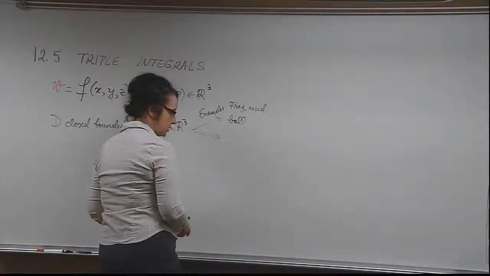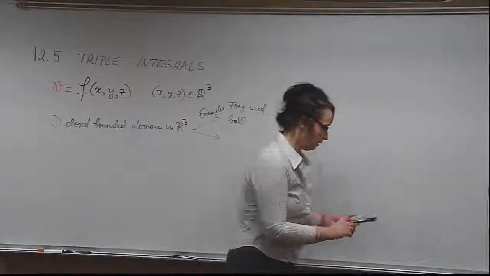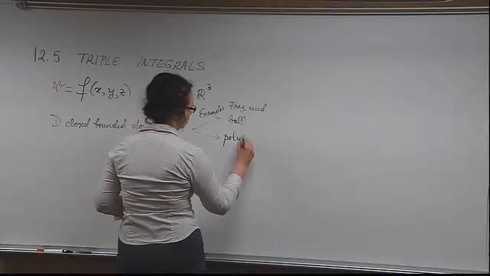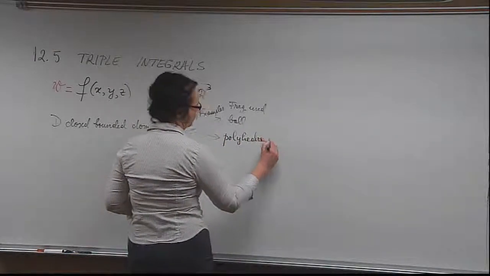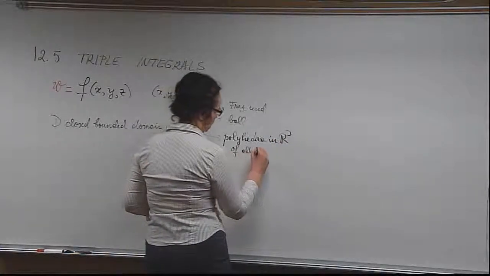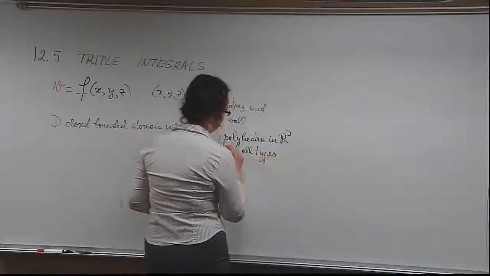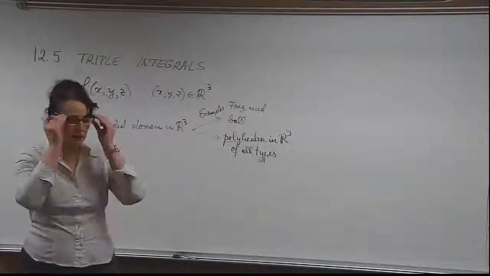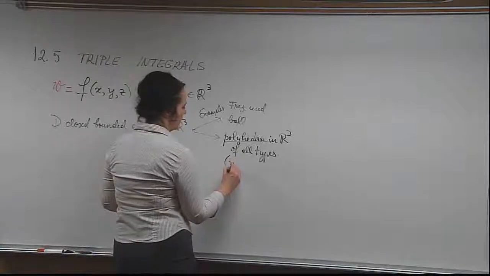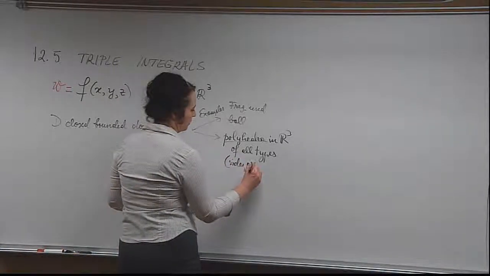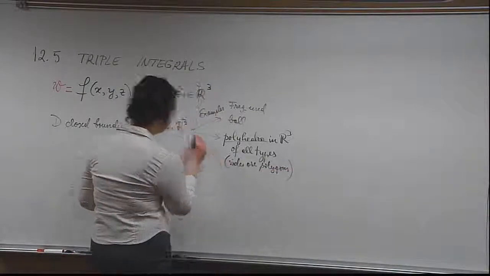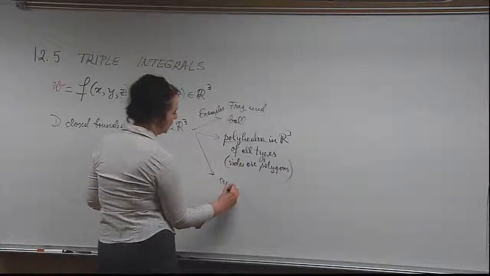Then you have some types of polyhedra in R3 of all types. And by that I mean the classical polyhedra whose sides are just polygons. But you will also have some curvilinear polyhedra as well.